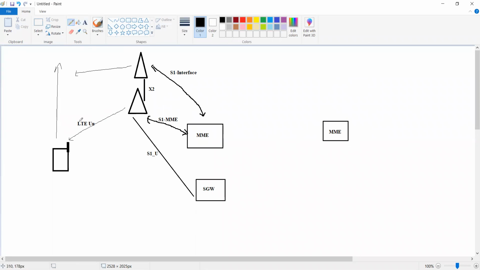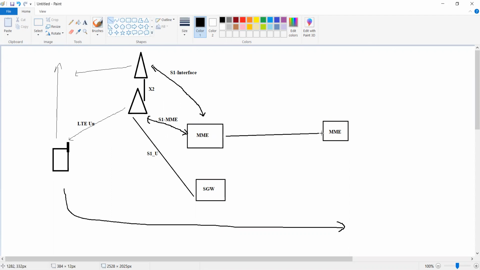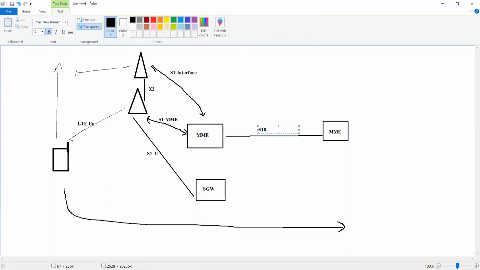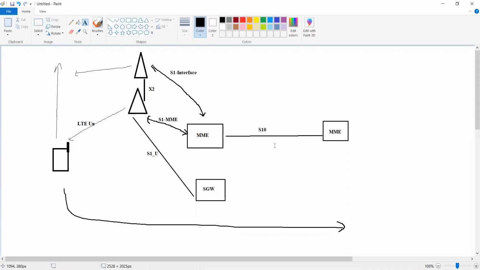Once this user moves from this direction to this direction, how will handover or reselection happen? The new MME will contact the old MME. Suppose my device was previously connected to this MME. Now the user moved to this area, and there is a new MME in this area, right? So this communication between the old MME and new MME takes place via the S10 interface. This is where the S10 interface comes into the picture.